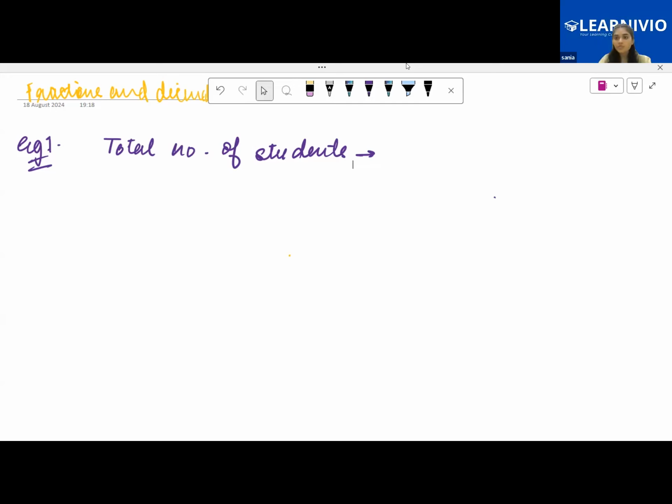Please, can you show me your textbook? Please show it on the screen. Is this your NCERT textbook? Or is it some other publication? It's NCERT.